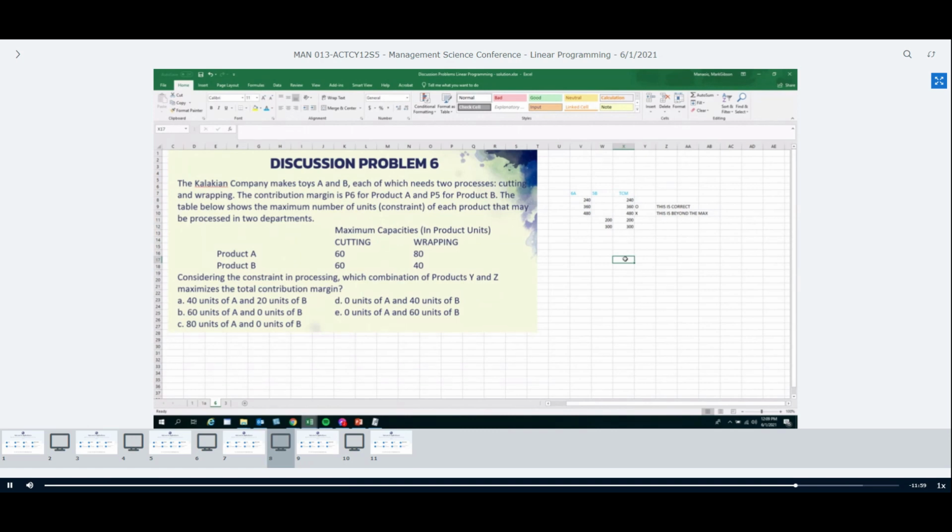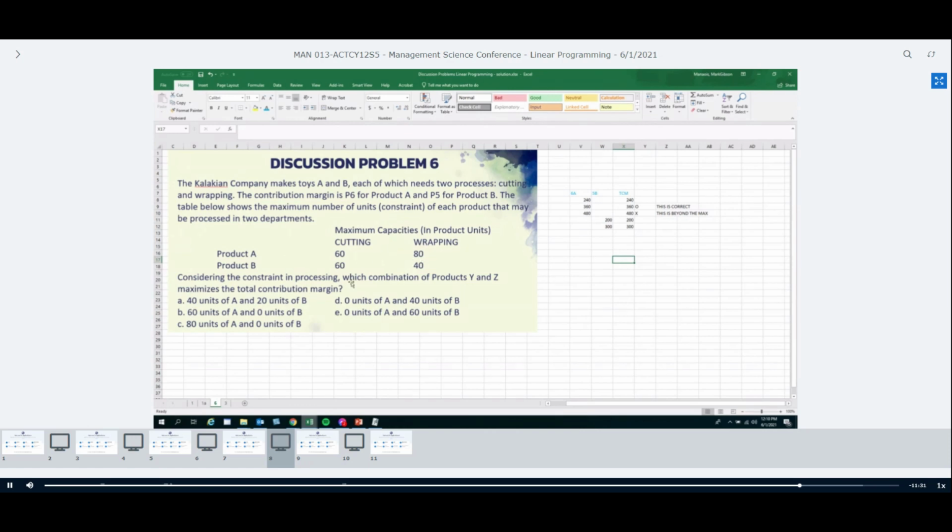Now, meron daw tayong mga constraints, no? So, the table below shows the maximum number of units or constraints of each product that may be processed in 2 departments. So, meron tayong maximum capacities. So, for cutting, 60 and 80 for product A, and then 60 and 40 for product B.